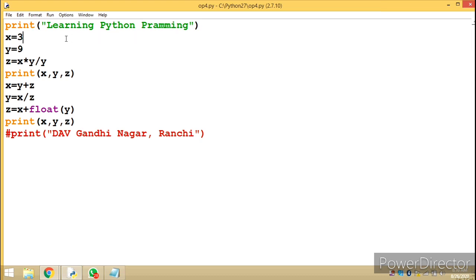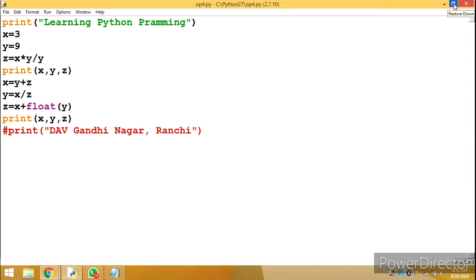Now the variables are being initialized over here. x is equal to 3 and y is equal to 9. And over here we have the statement z is equal to x into y divided by y. In an expression, the execution starts from right to left.